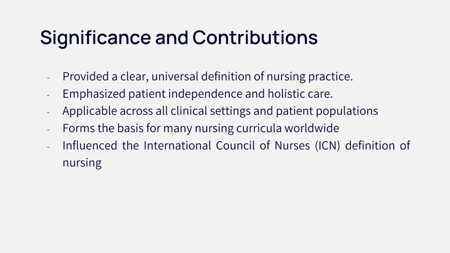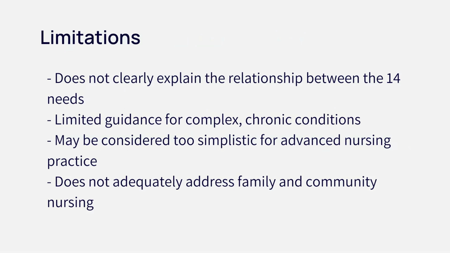Next, what are the limitations of this theory? It does not clearly explain the relationship between the 14 needs. So we don't understand the relation of each and every basic need in this theory. Next is limited guidance for complex and chronic conditions. Some conditions are very chronic. At that time, how can we fulfill all 14 basic needs?